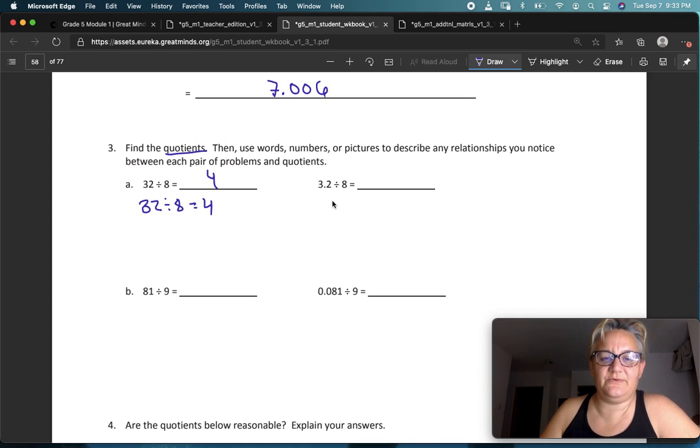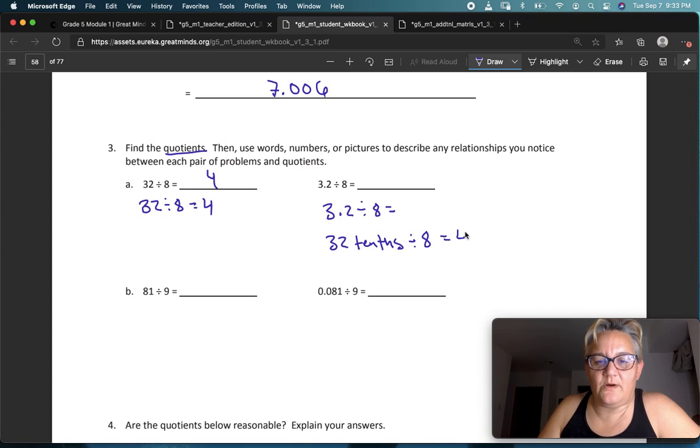Okay, so what do we do over here? 32 divided by 8. Now be careful. The answer is not 4. It's not. Because here what we have is 32 tenths divided by 8 equals what? 4 tenths.